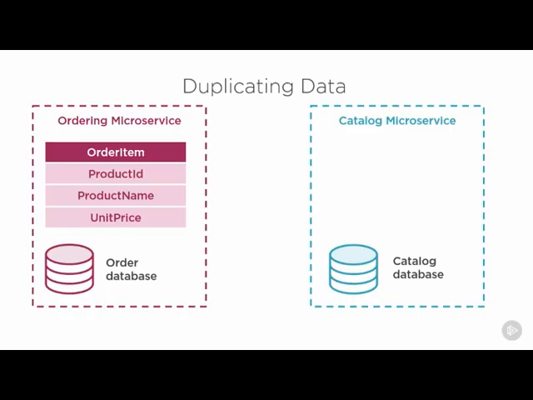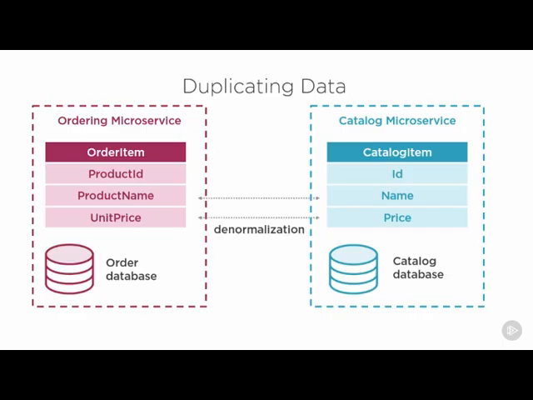And yes, indeed, the catalog microservice has an entity called catalog item, which has an ID, a name, and a price. So when you order something, the ordering microservice records not only the ID of the product you ordered, but also takes a copy of its name and price.